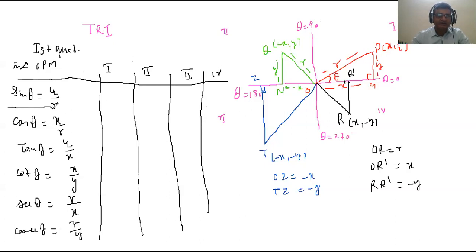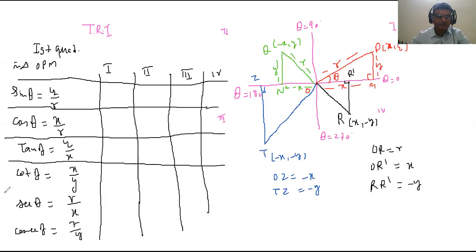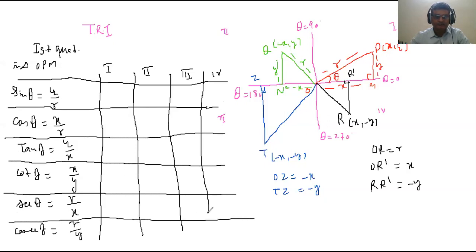So what we can see is that in the first quadrant, x and y both are positive.